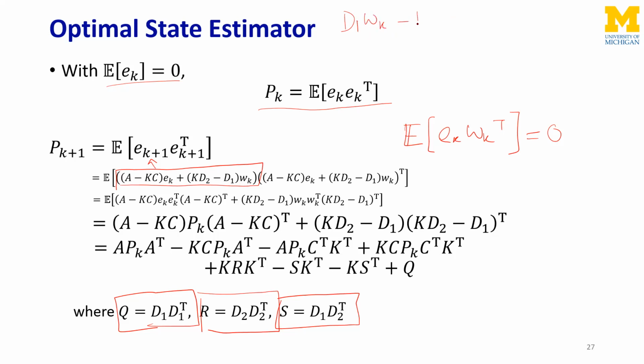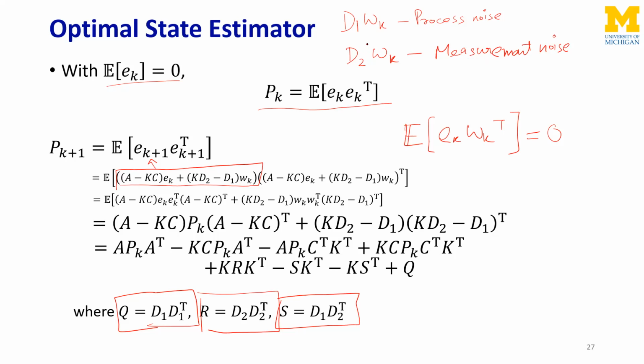This is the process noise, and this is the measurement noise. If the mean of W_k is 0, meaning the expected value of W_k is 0, then the expected value of D1 W_k and D2 W_k is also 0. So the expected value of both the process noise and the measurement noise is 0.